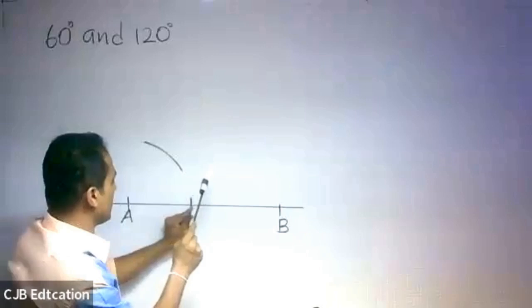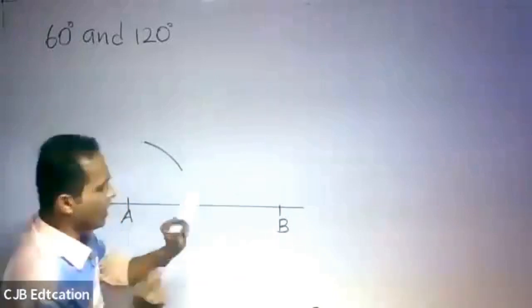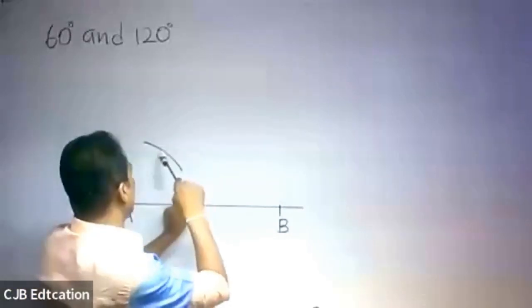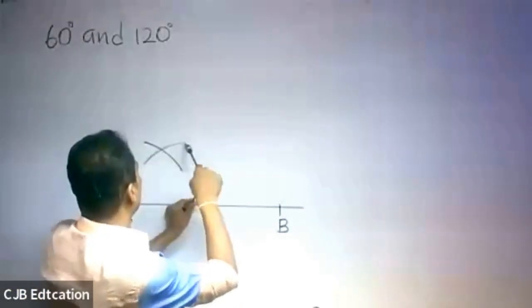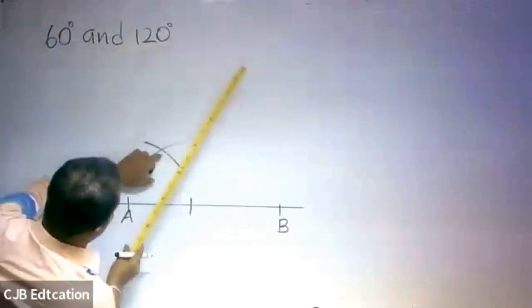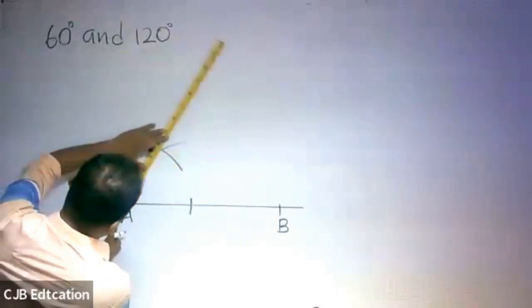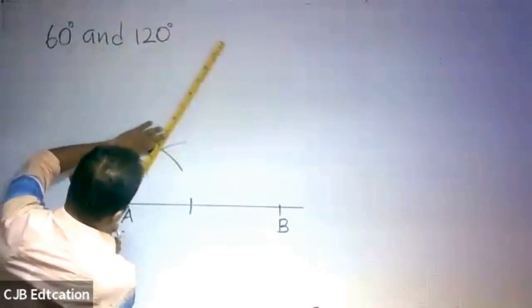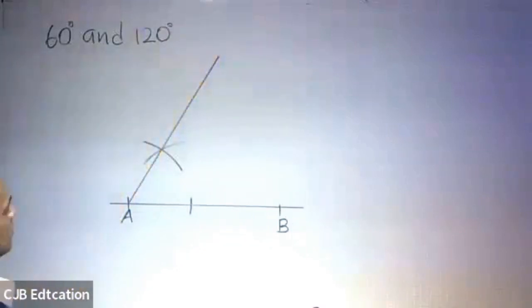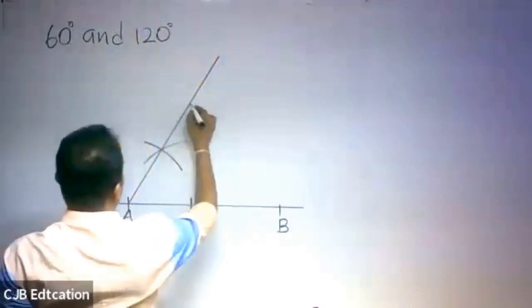Keep that same distance to draw another arc, keeping the tip on the intersection on the straight line AB, to intersect the other arc drawn, right? So now we can connect this intersection of two arcs and point A to construct the 60 degree angle. So this is the 60 degree angle.